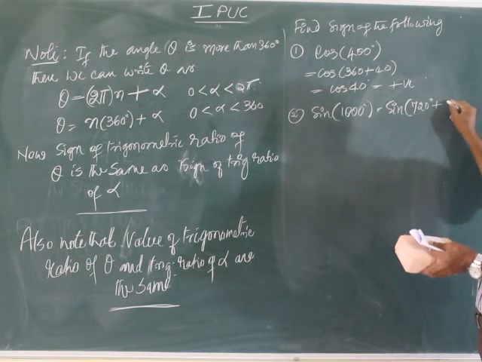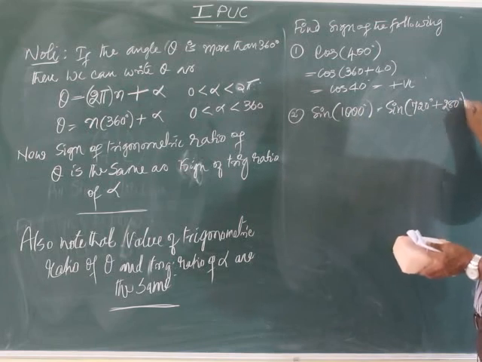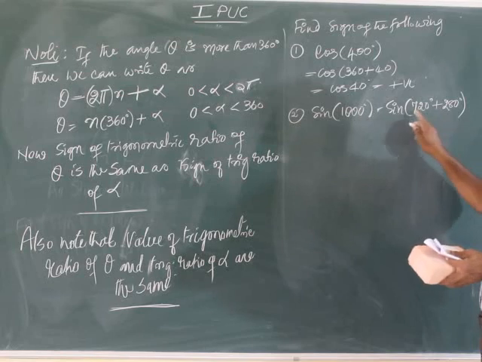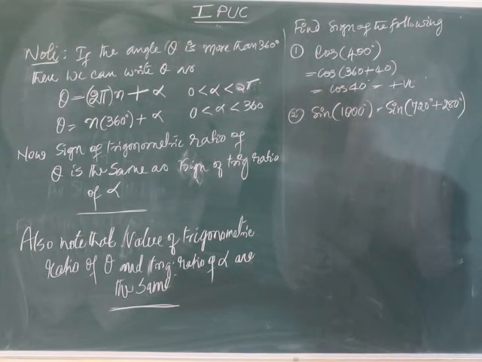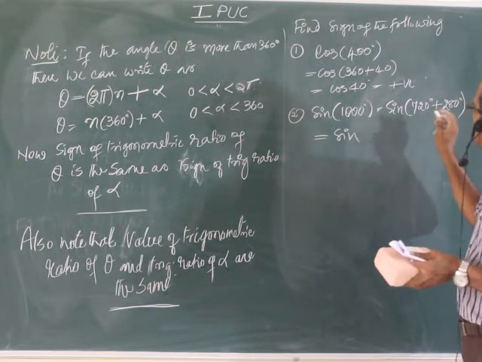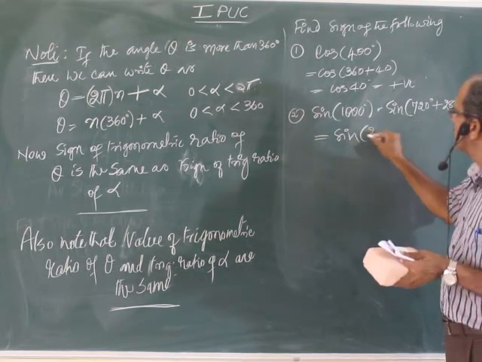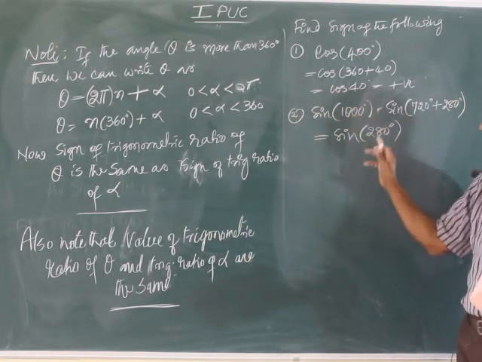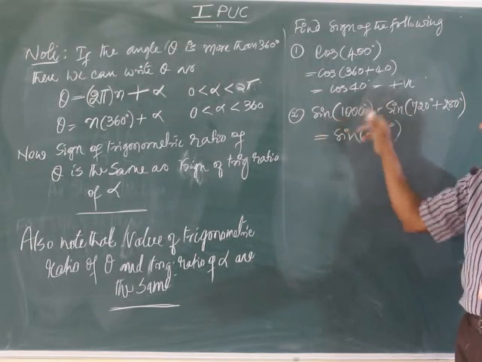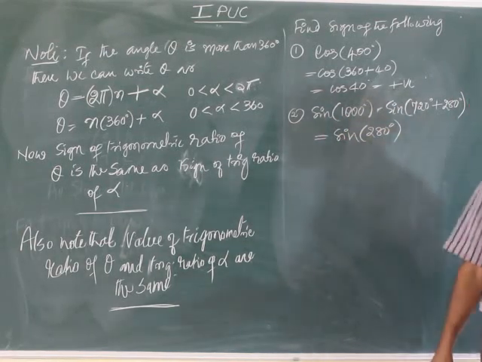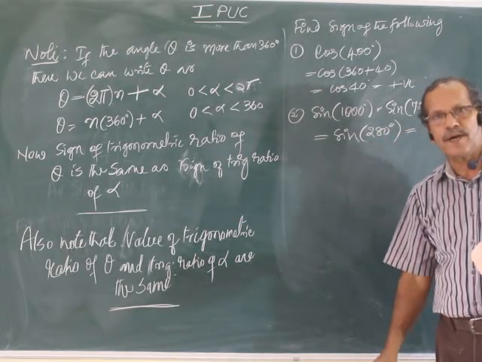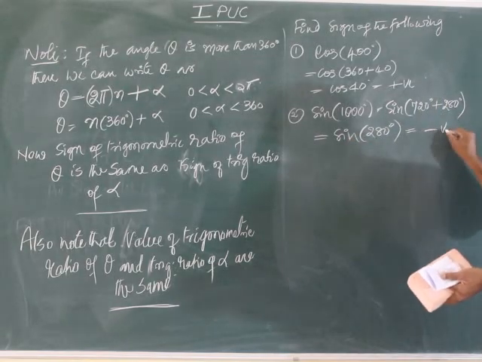Next, 280 degrees. 720 plus 280 is 1000. Forget about this 720. Write only 280, enough. They are one and the same, no doubt. Sine of this, sine of this, the trigonometric ratios are one and the same. Now, no doubt this is in the 4th quadrant, greater than 270. In the 4th quadrant, sine is negative.